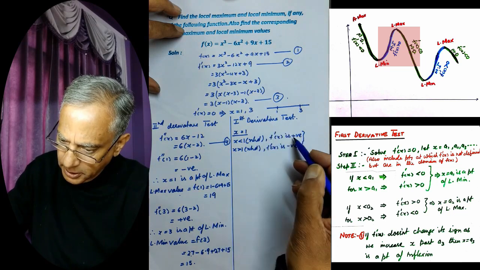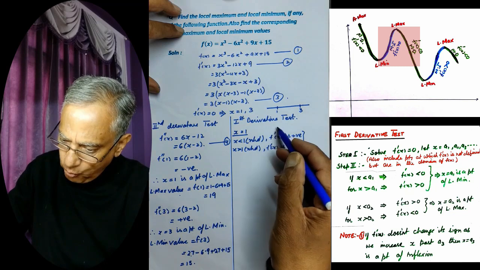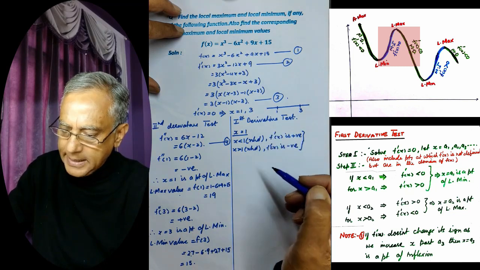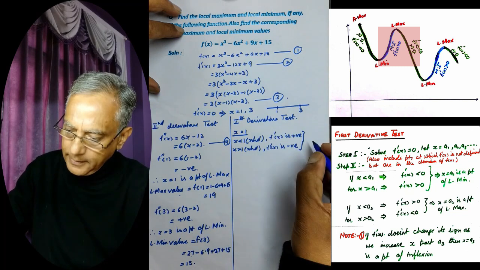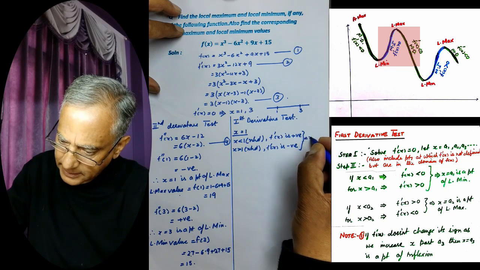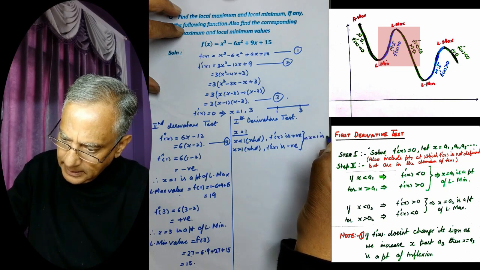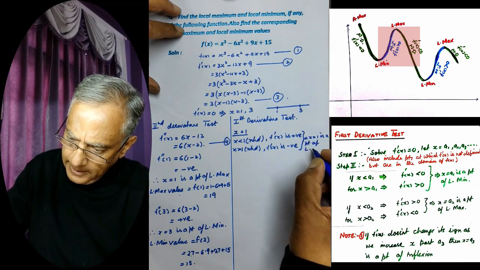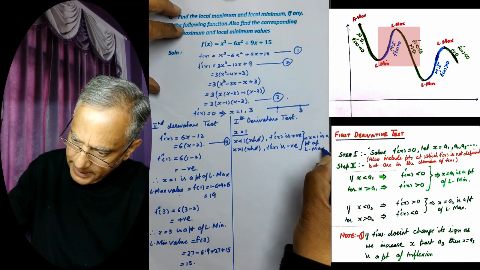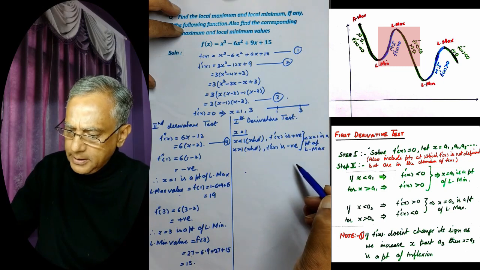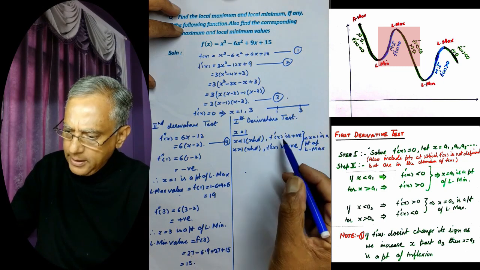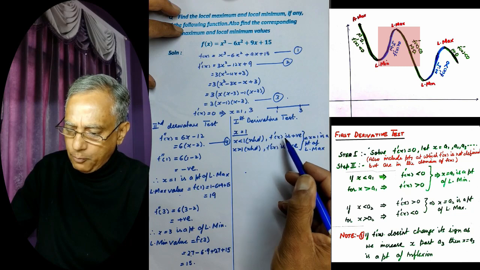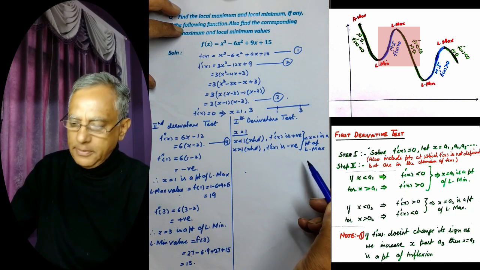So this will be the shape of the graph. And we will have this point as the maximum. Therefore, x equal to 1 is a point of local maximum. This will be the shape of the graph, and therefore this point will be a point of local maximum.